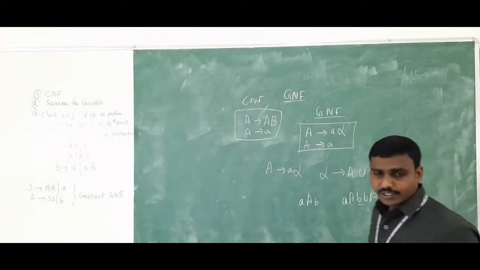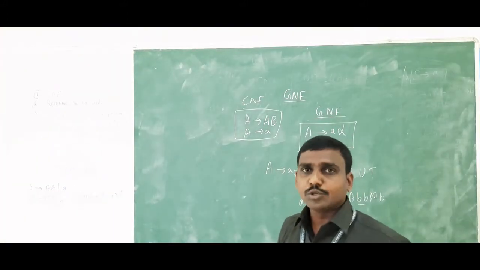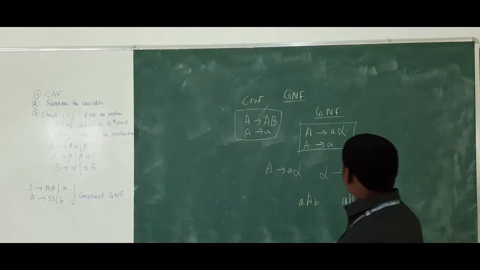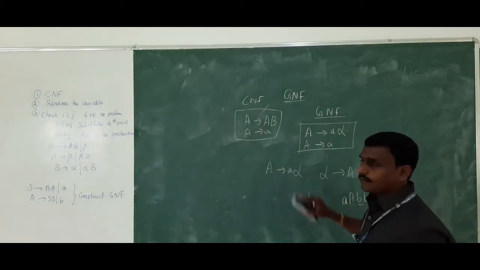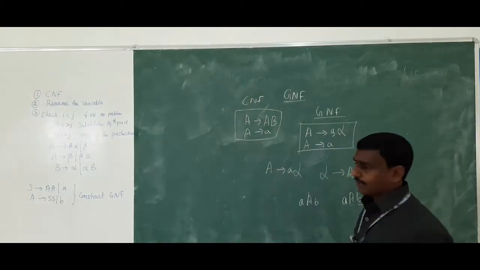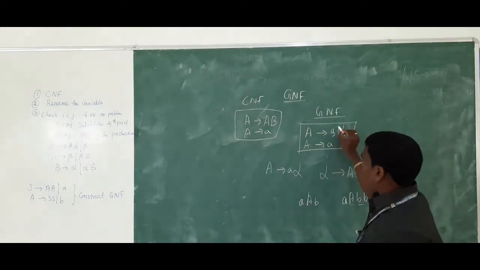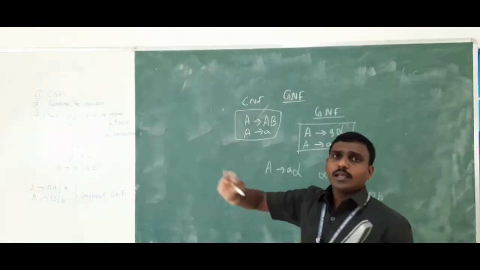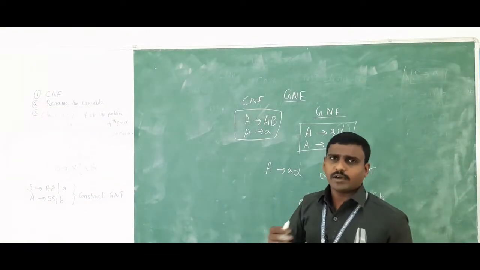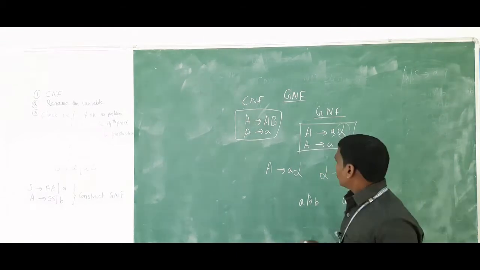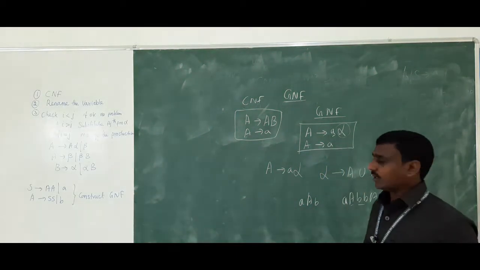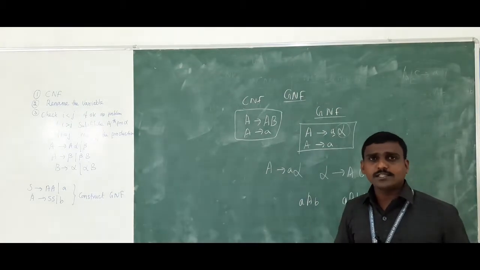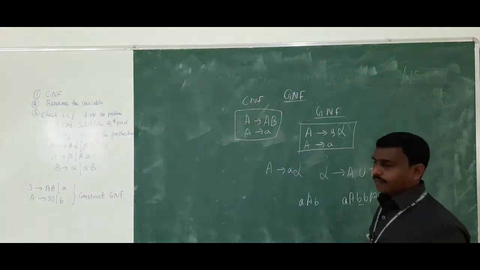But here you have to understand, it should start with a terminal, and then alpha, whatever it may be. So start with a terminal and a combination of alpha, no problem. So this is the structure of Greibach normal form. Greibach, the scientist, suggested this normal form.